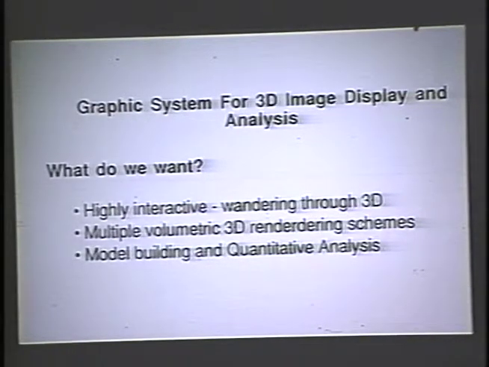Another thing is we want many different schemes of the kind that you heard about before for rendering the data, ways of either looking at surfaces or looking at complete projections, as ways of helping to extract the information. And finally, and I think crucially, is the ability to do what we call model building and quantitative analysis. Model building is our analog of what Lee was talking about, where one wants to follow the paths of objects or trace things in three dimensions within the specimen.